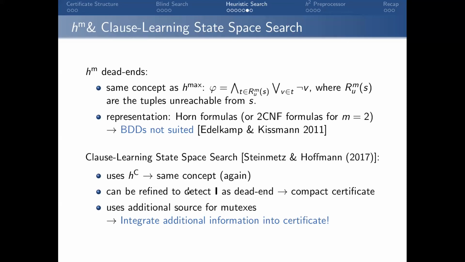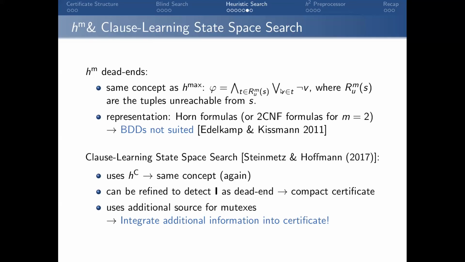And one nice thing about this algorithm is that usually it does as every heuristic search does. Once you have explored all the expanded states and everything else is just dead ends, it ends. But you can also continue letting it run until it can actually learn to detect the initial state as a dead end. And what that means is, if you do that, you get actually a very compact certificate because it's just one of these formulas.